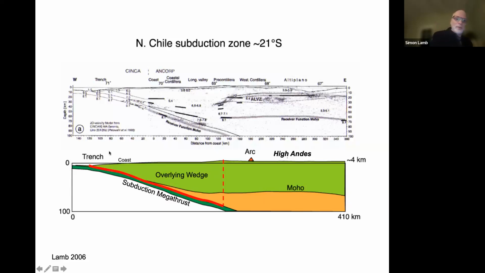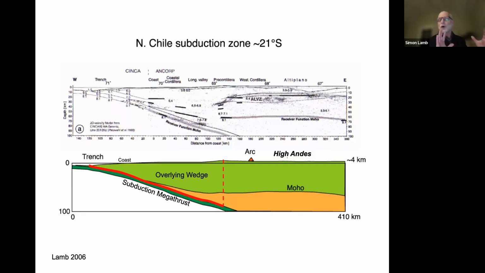So one can simplify that system into a wedge of material here that's sitting on the subduction megathrust. And it's got to provide a horizontal force through the megathrust. The stresses on the megathrust have got to exert a force such that you can balance the weight of the high Andes, bearing in mind that it's essentially in a neutral situation.